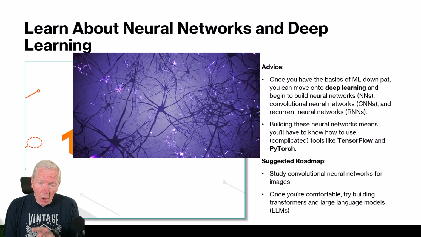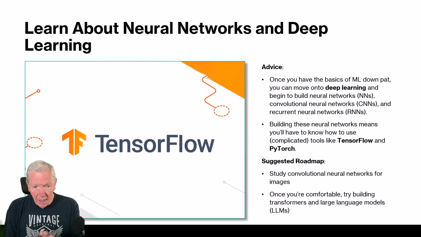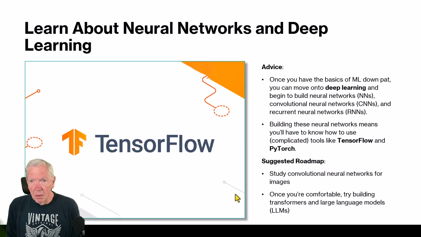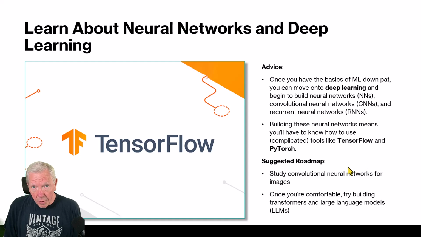This is kind of the holy grail of where you want to head in terms of AI and ML, and it's quite a bit more complicated than just getting into the basics of understanding the models and the Python and things like that. And so building these networks means that you're going to have to learn a couple of what I consider to be fairly complicated software scenarios.